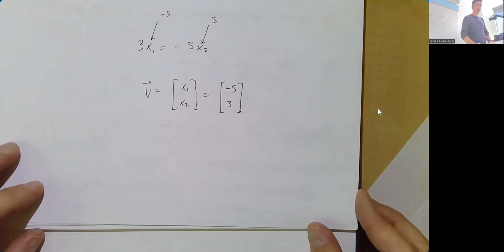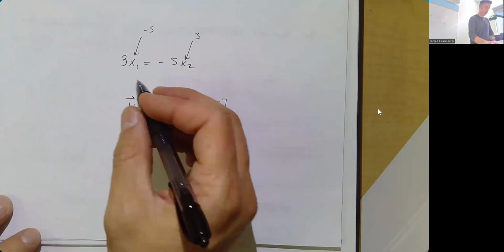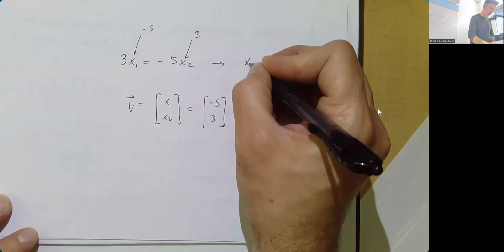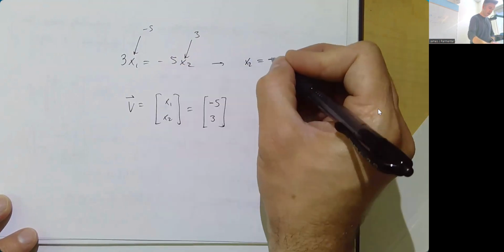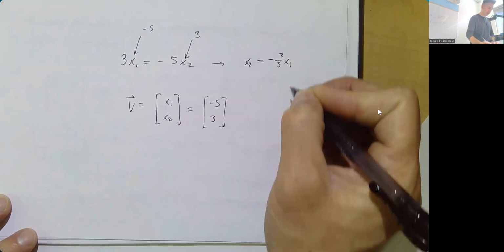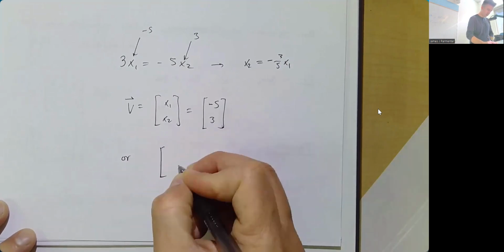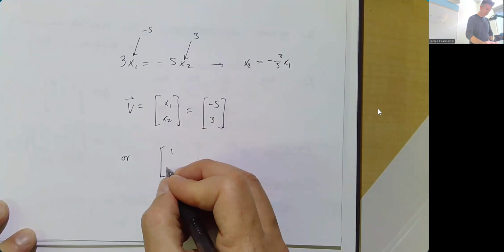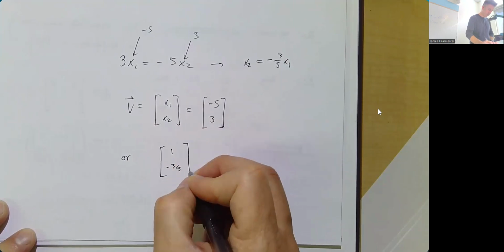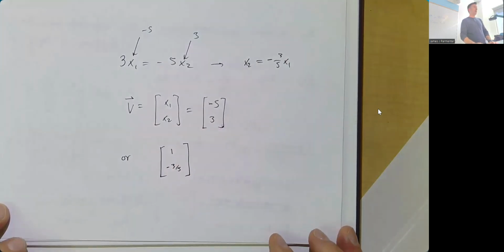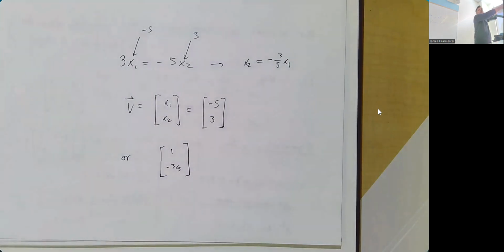Another typical choice, although not preferred, is to solve for x2. Say x2 is equal to -3/5 times x1, and then pick x1 equal to 1 and x2 equal to -3/5. Is this also an eigenvector of whatever matrix this eigenvalue would have come from?